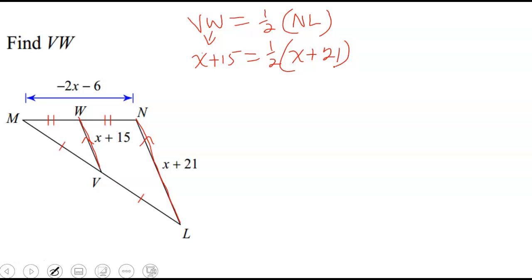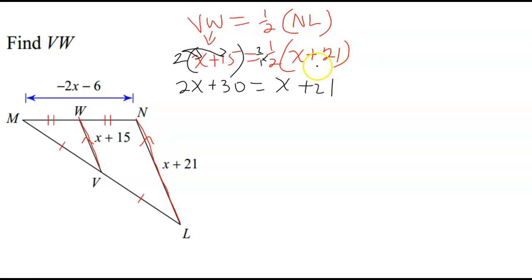And so we do the algebra. I would multiply both sides by 2 to undo this division, or multiplication by 1/2. So multiply by 2, that's going to give us 2x plus 30 equals, and that will cross out. So we cross out the 1/2, and the reciprocal will become 1.